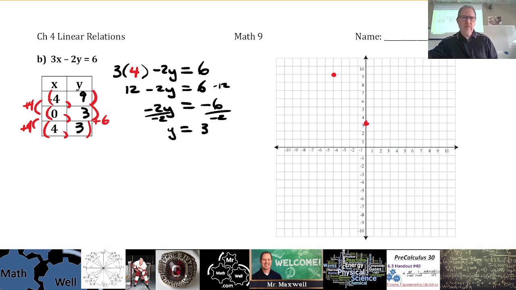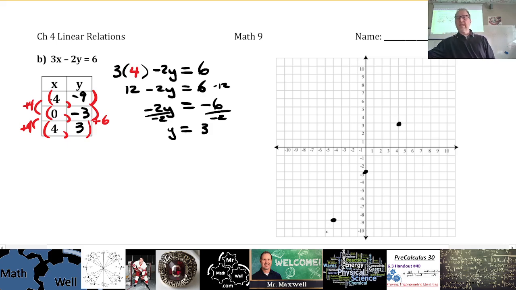Oh, my negatives disappeared. Huh, love that. Disappearing negatives. Okay, -4, -9. 0, -3. And 4, +3. That makes a lot more sense.